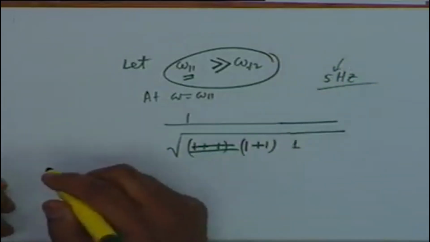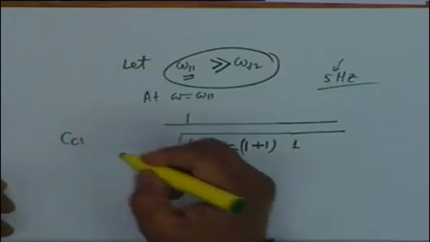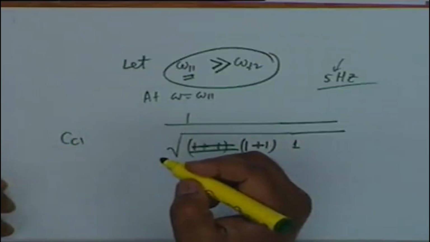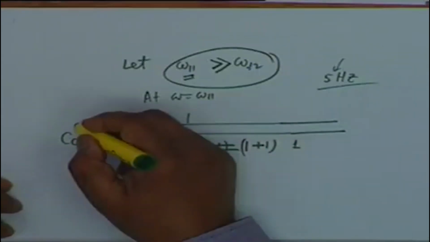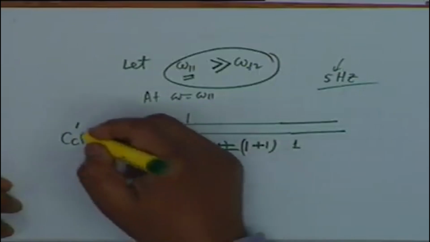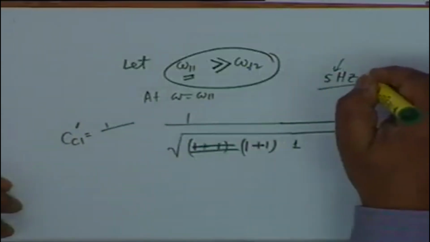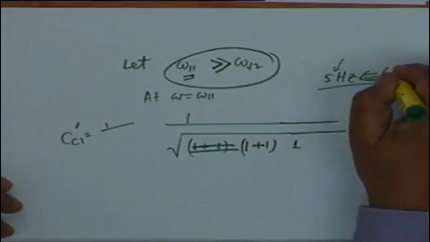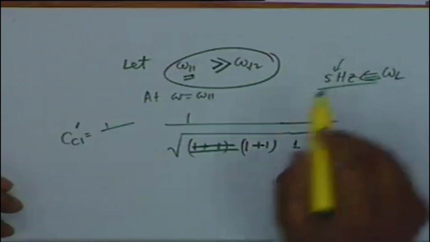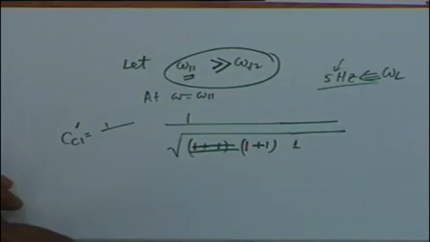All right. You have to design an amplifier with 5 Hertz cutoff. Then what you do is you find CC1 prime, let us say, from whatever the specified omega L is. What is omega L if the low frequency cutoff is 5 Hertz? What is the value of omega L?